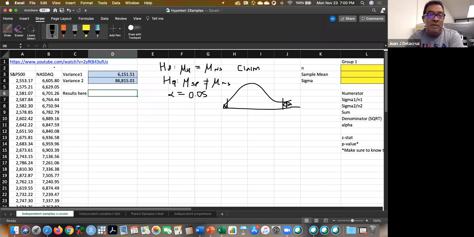In some cases, 1% or 0.1% might also be appropriate. The level of significance is something that the researcher sets depending on the type of case that you have, so what you want to prove.